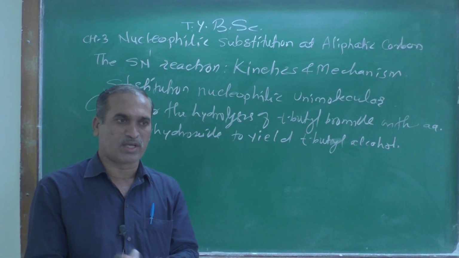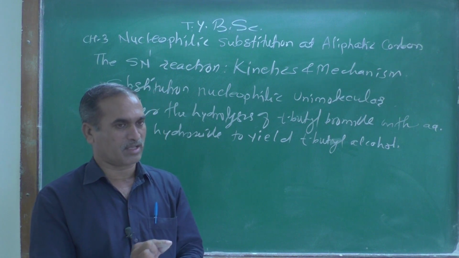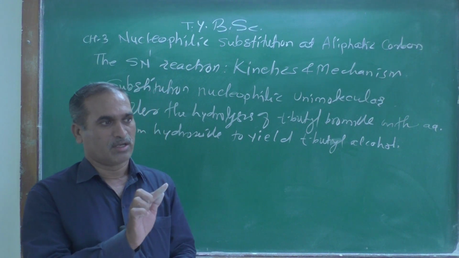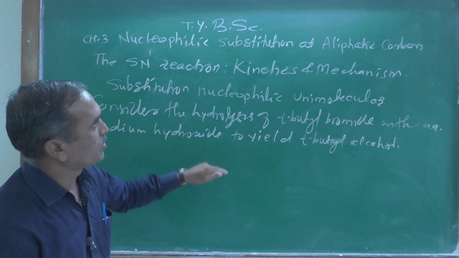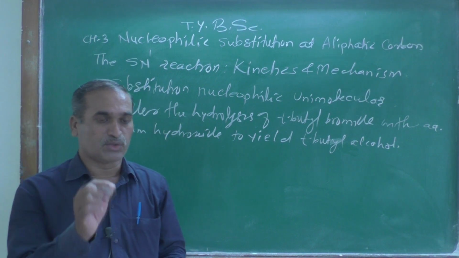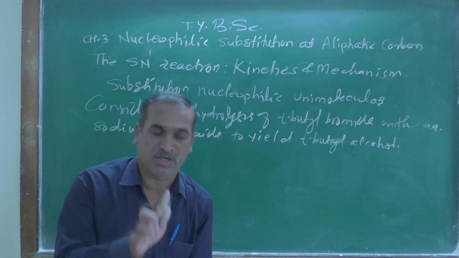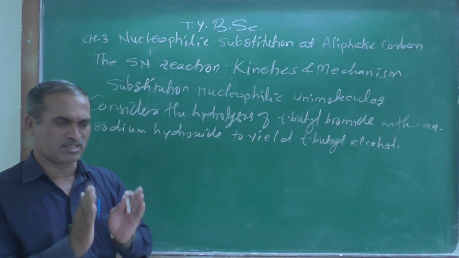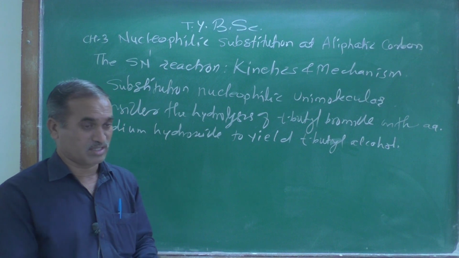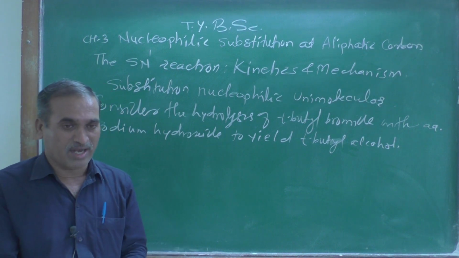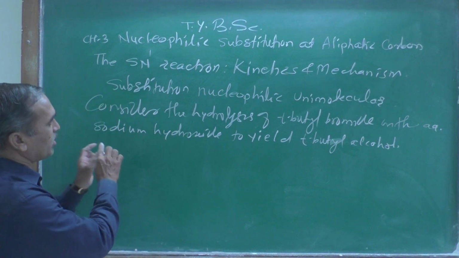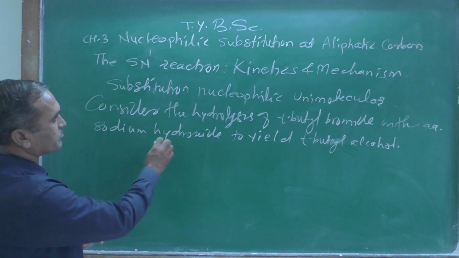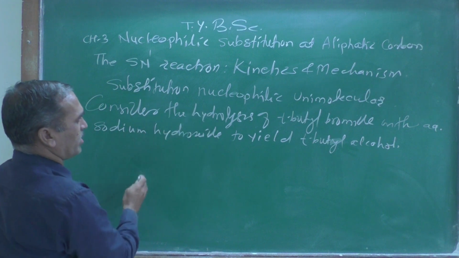As we know, SN2 reactions are for primary halides, and for SN1 reactions you have to consider tertiary halides. Remember, this is essential as far as the SN1 and SN2 mechanisms are concerned. Now let us see the general reaction we have taken.